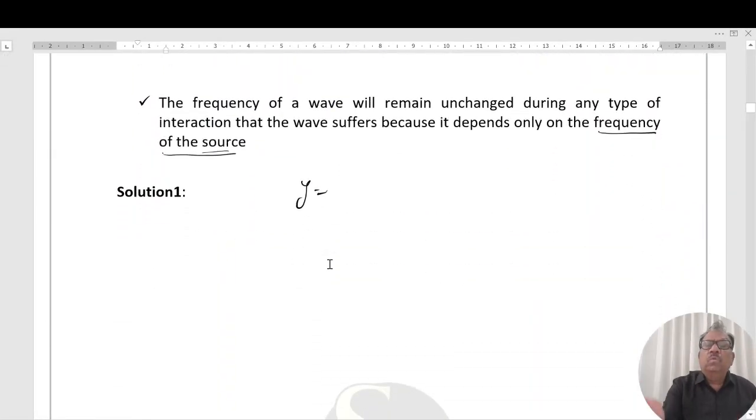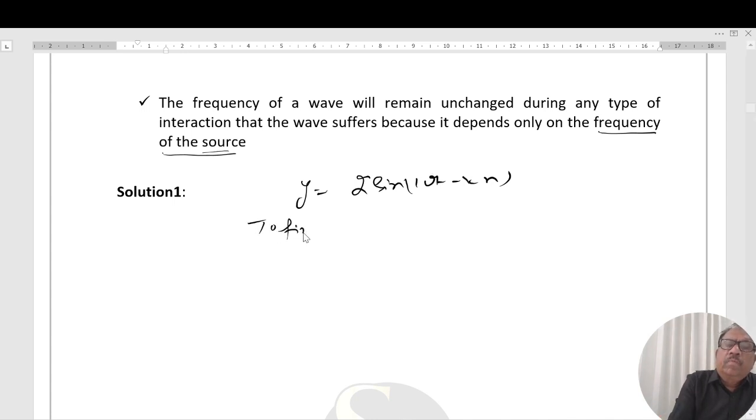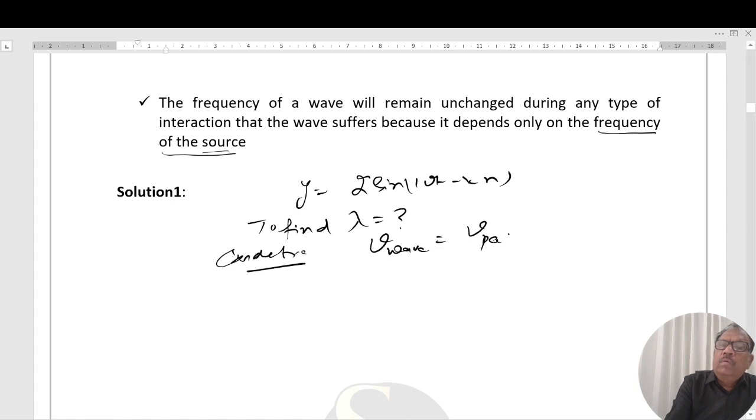We have to find lambda. The condition is that wave velocity is equal to particle velocity. Right?